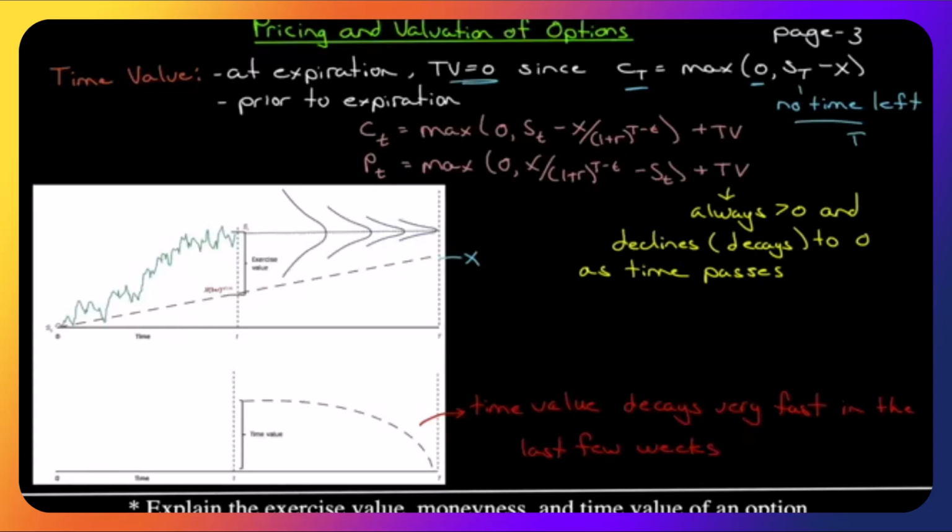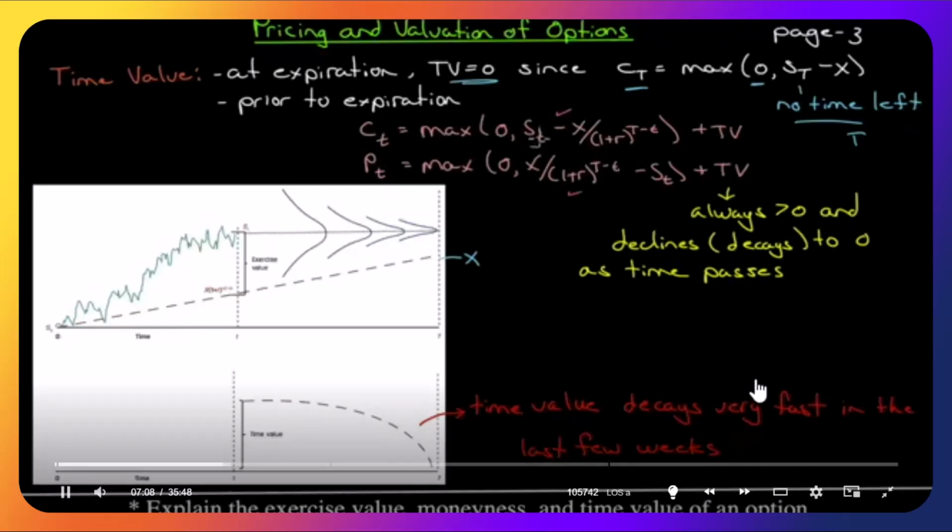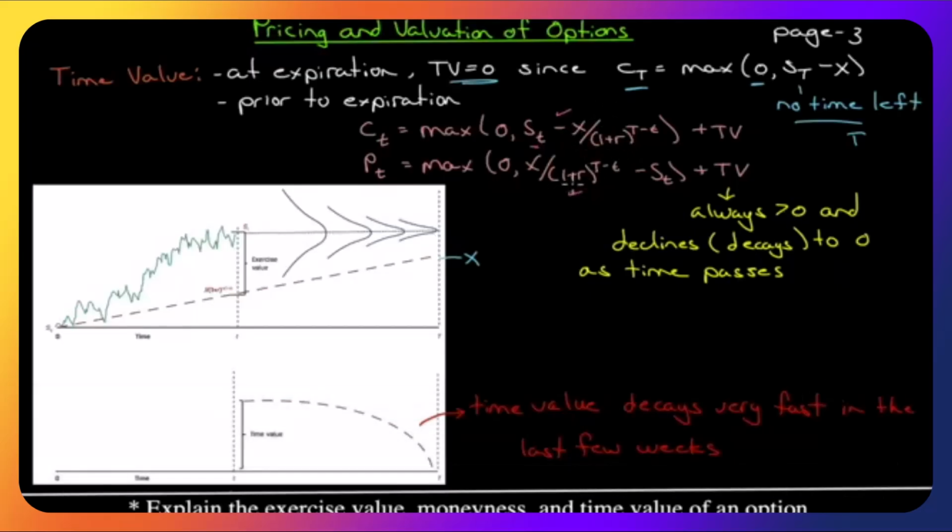Prior to expiration, remember this is how we calculated the exercise value of the call or the put. For the call, it is the stock price we observe at that point in time minus the present value of the strike price. For the put, it is the present value of the strike price minus the stock price we observe. However, this is just its exercise value. There's more time left to exercise.